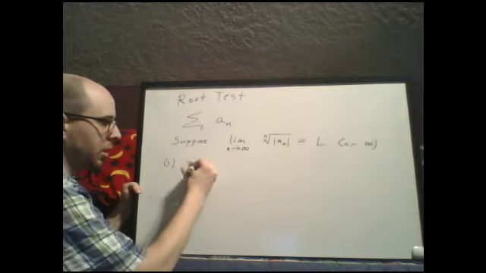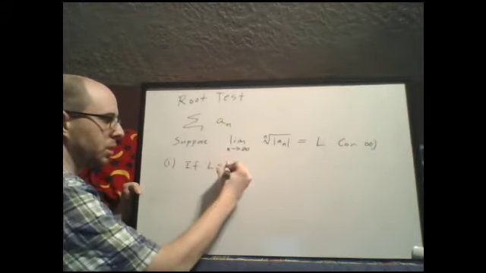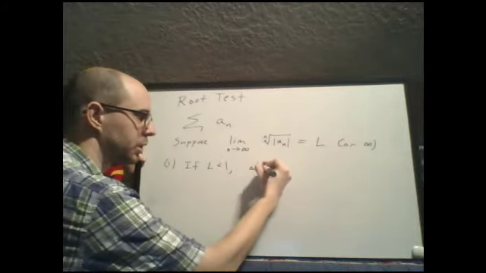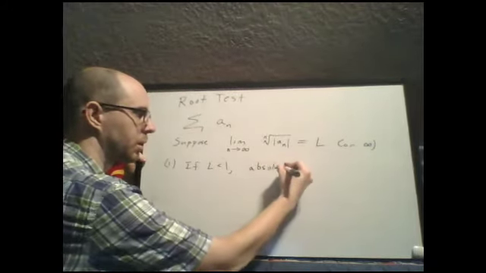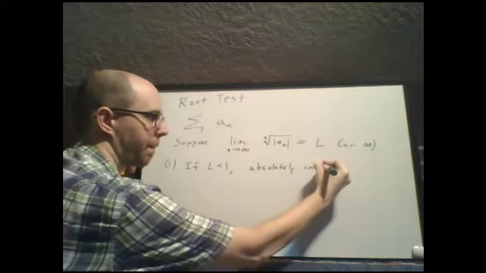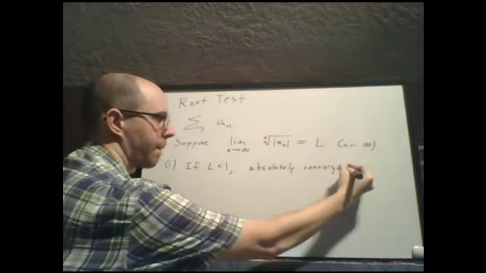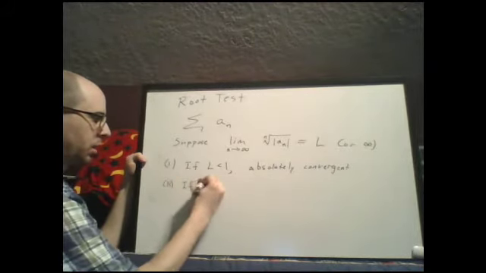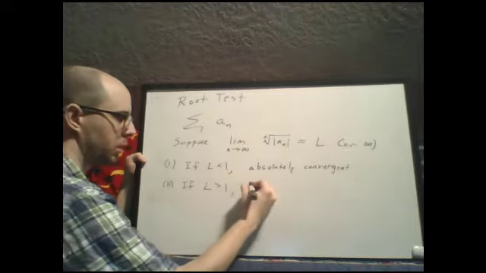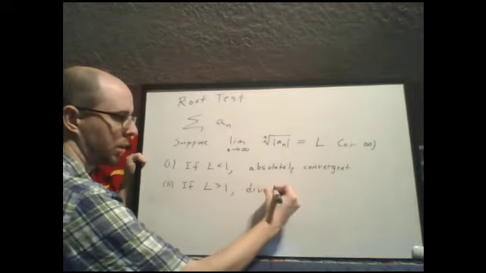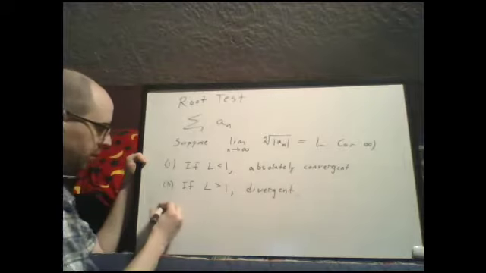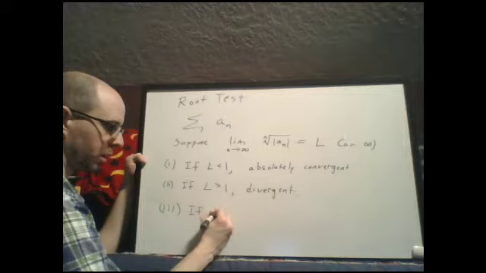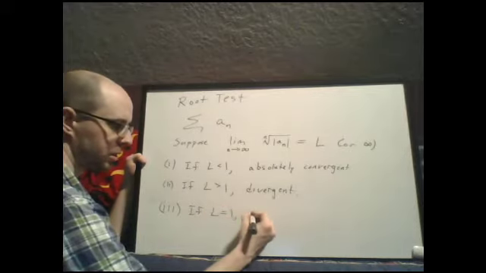So if L is less than 1, the series is absolutely convergent. If L is bigger than 1, you have divergent. And if it's exactly equal to 1, it's inconclusive.